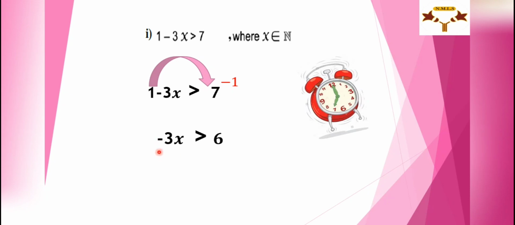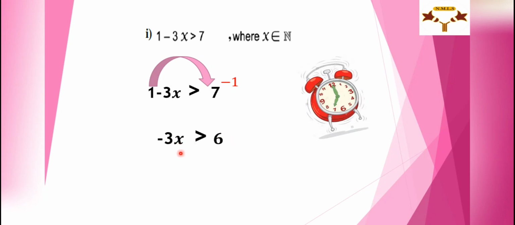Oh, do you remember? Alarm. Yes. Why alarm? Because here I have to move the number. This number is negative 3. We'll move it to the other side by dividing.